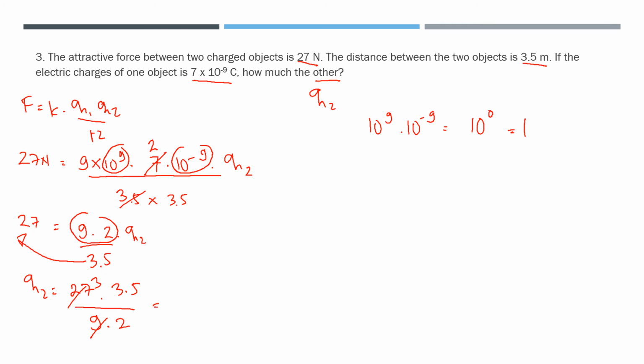Then you can get the answer. It's quite simple, right? 3 times 3.5. So the answer is 5.25 coulombs. Simple, right? So you don't need to count all. Find the way to simplify this.